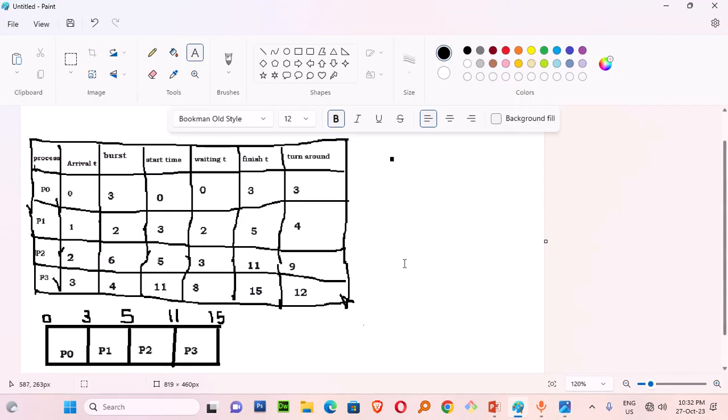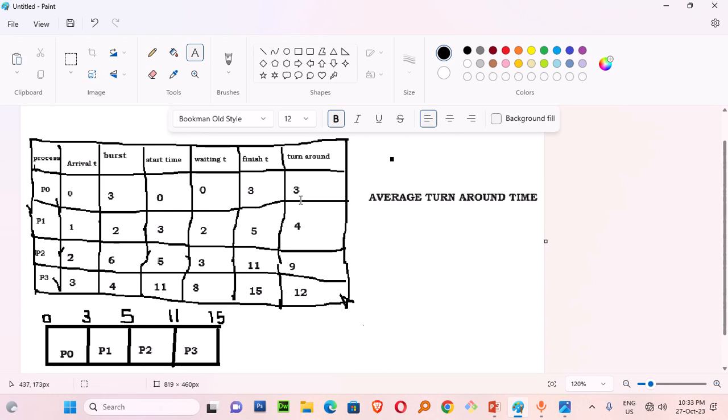So the average turnaround time, let's calculate from here.